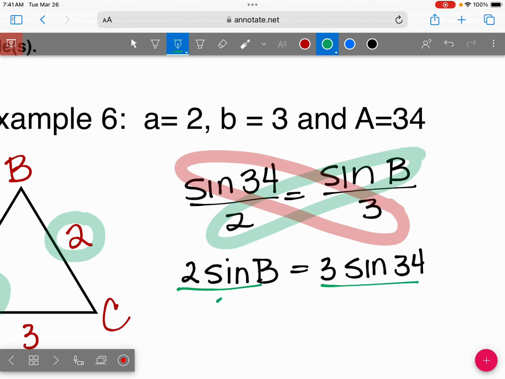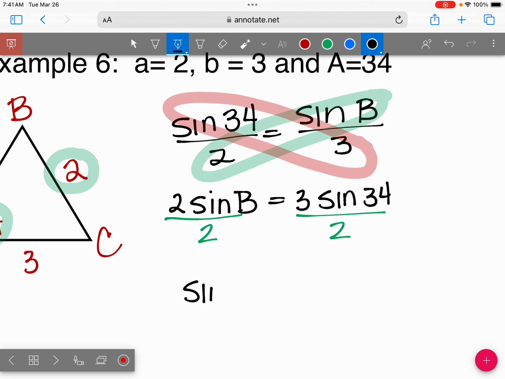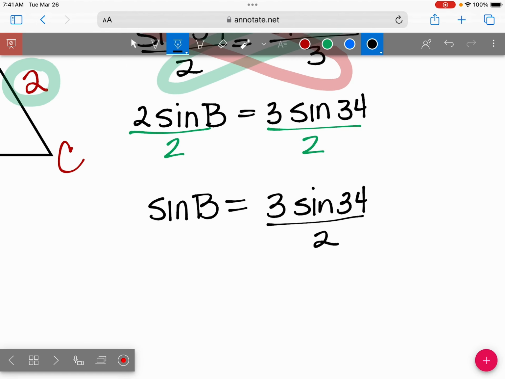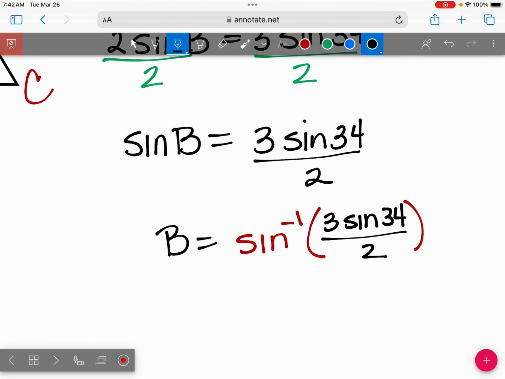We're going to divide both sides by 2. So that would be the sine of angle B equals 3 times the sine of 34 divided by 2. And then you take the inverse sine of both sides. So this is what you want to type in your calculator.